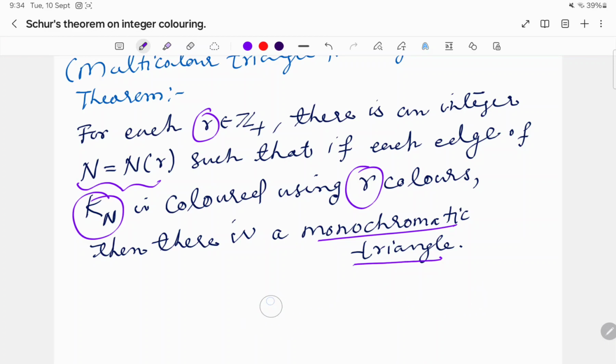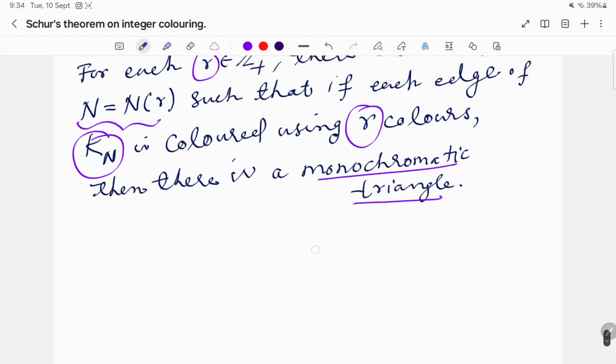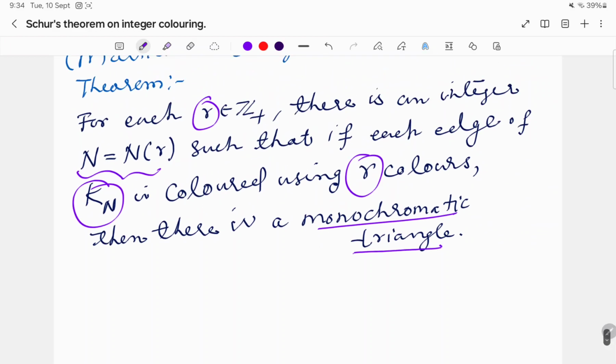So that's the idea. But the thing is, you can prove this, right? Whenever there is an r, there is an n such that if you color this using r colors, you will produce a monochromatic triangle. But this n need not be the least of such n, but I can exhibit such an n, right? Yeah. So the case of the least n is a different question. Now, how do we prove this? So we start from, suppose r equal to 1, that is only one color is available, right?